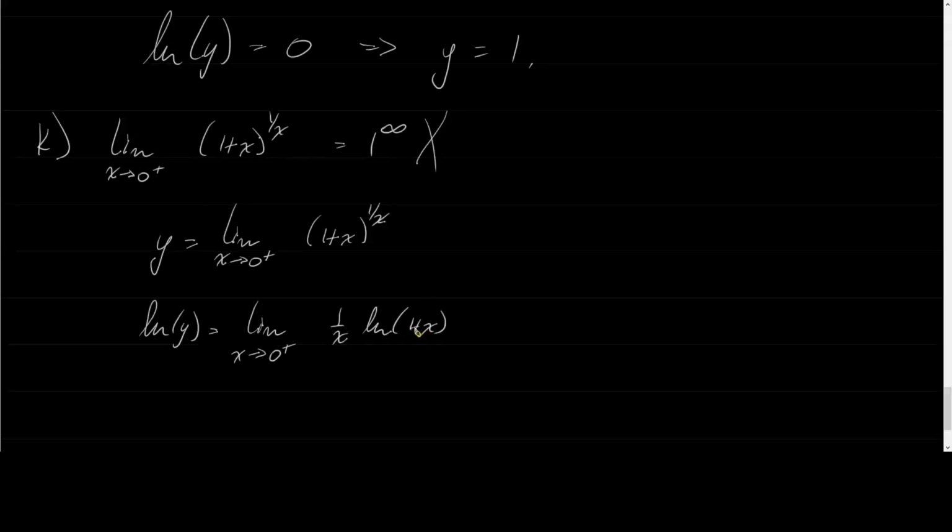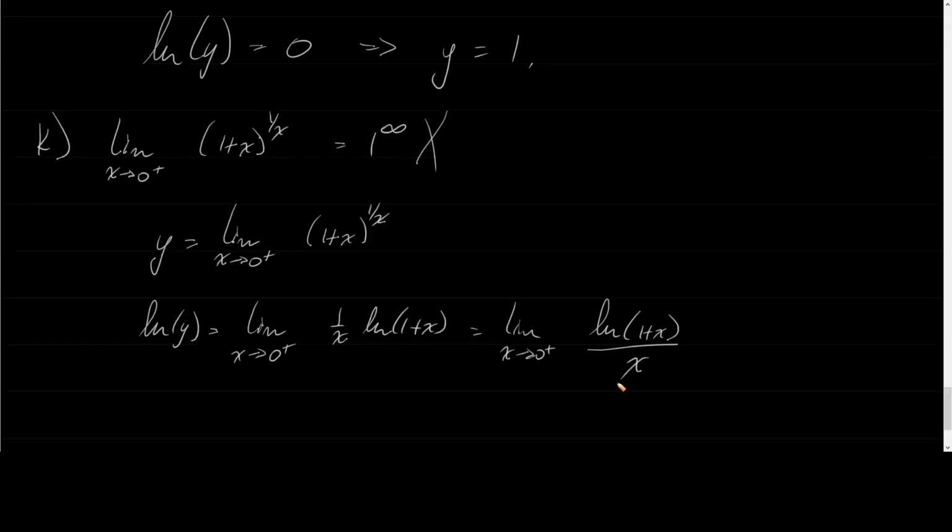And all I did there was apply the rule of logs, right? Bring the exponent down to the front. This can be rewritten simply as the limit as x goes to 0 from the right of ln of 1 plus x over x.